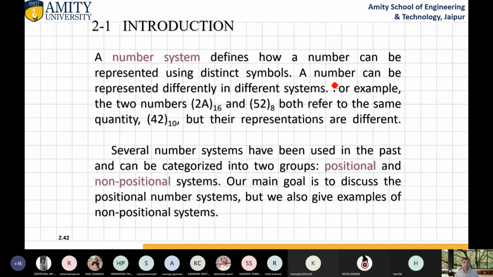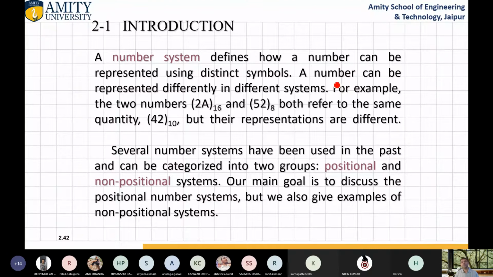A number can be represented differently in different systems. For example, the numbers 2A in base 16 and 52 in base 8 both refer to the same quantity, and that is 42 in decimal. I will prove that later on. But their representations are different depending on the number of digits available. Several number systems have been used in the past and can be categorized in two groups: positional and non-positional.